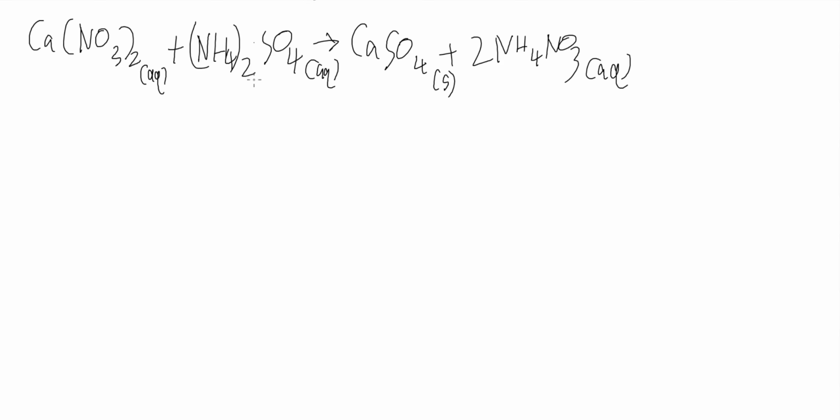You can separate these into ions, cancel the redundant ions like nitrate and ammonium, and you get Ca2+, calcium, plus sulfate, SO4 2-, turns into calcium sulfate. Very simple, at least in my opinion. If you need help, you can leave a comment.